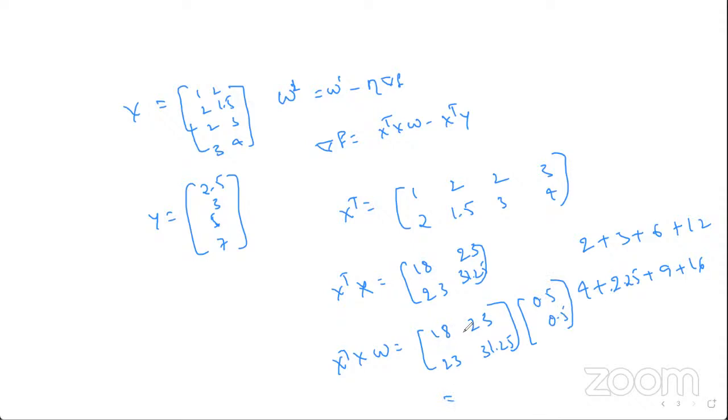So it's going to be 18 into 0.5 plus 23 into 0.5, which is going to be what? 18 plus 23 divided by 2. This is 41 divided by 2, which is going to be 20.5. Okay. 20.5 and this 23 plus 31.25 divided by 2, which is going to be 54.25 divided by 2, 27.125. Okay. Am I correct until now?